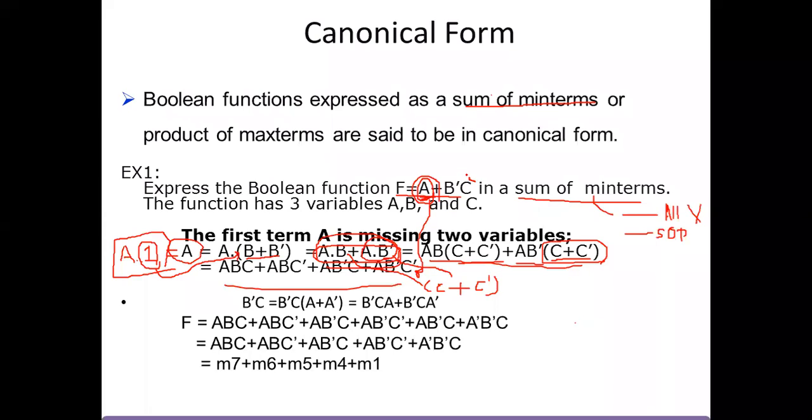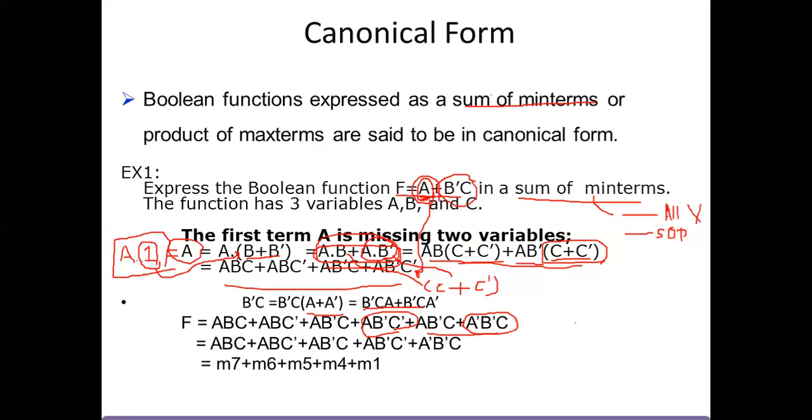For the second term, you can see A is missing. So you can do the same. So you can end with A plus A dash. So after that, you can expand that and include it here. Okay. So you can see this term is common, this one and this one.